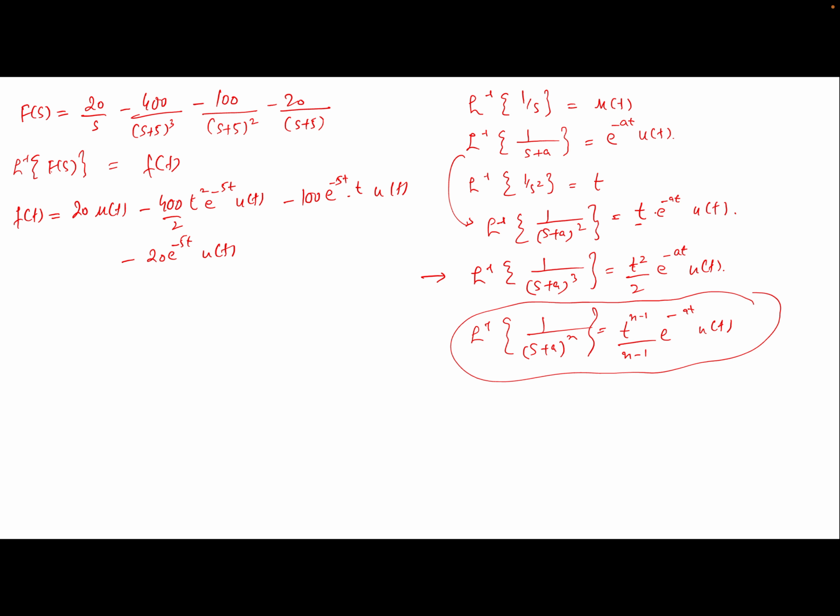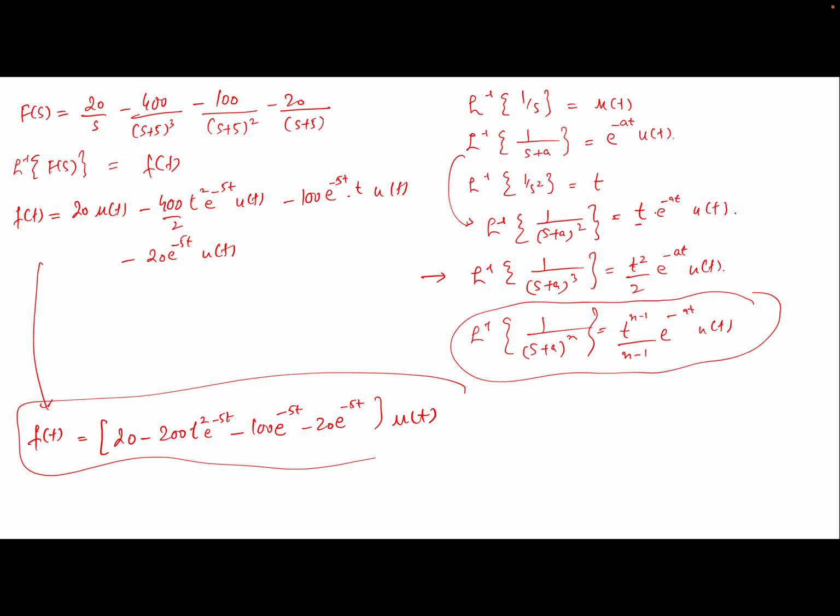So you can take u of t common, and you are going to get 20 minus 200 t squared e raised to power minus 5t minus 100 t e raised to power minus 5t minus 20 e raised to power minus 5t, times u of t. Okay, so here is your function back in the time domain, right?